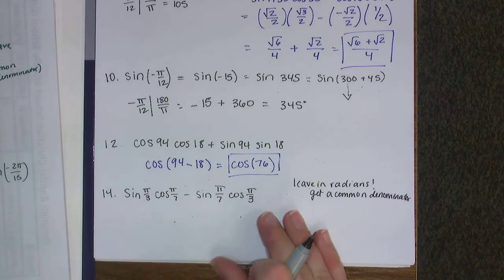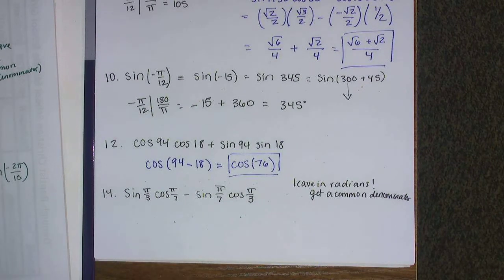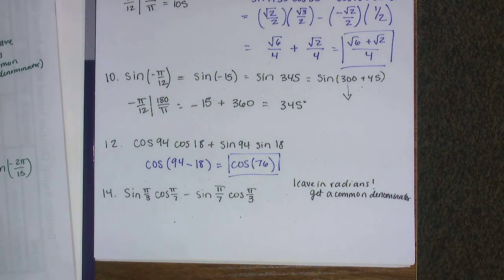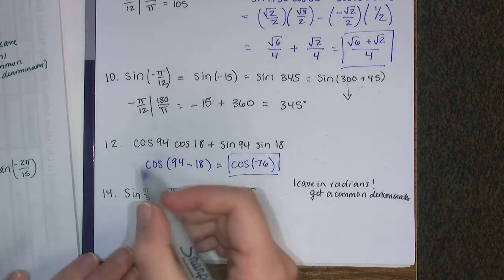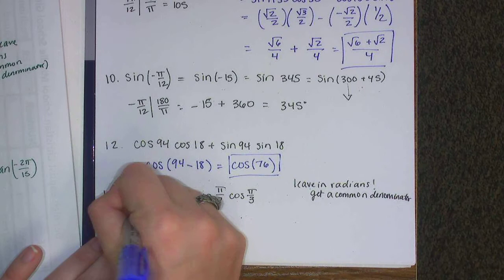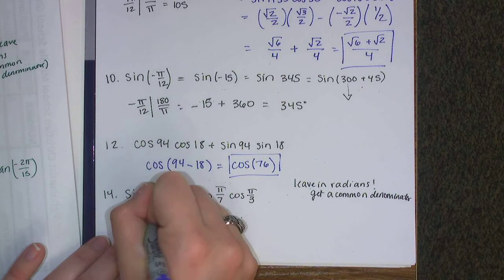So looking at my formulas, I know that means that I'm dealing with sine. I know with sine, we keep the same positive negative sign between. So I know that I'm dealing with the sine of something minus something. So the sine of, in this case, it's going to be pi over 3 minus pi over 7.